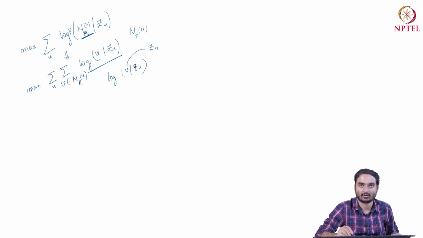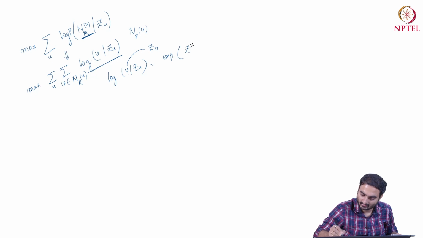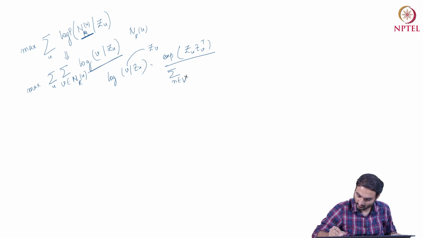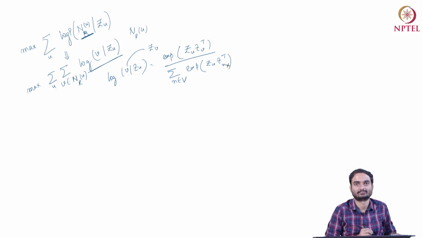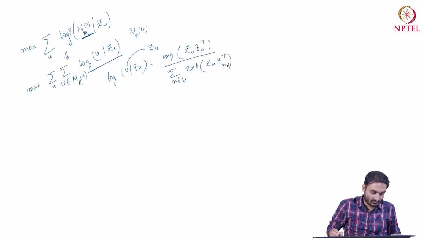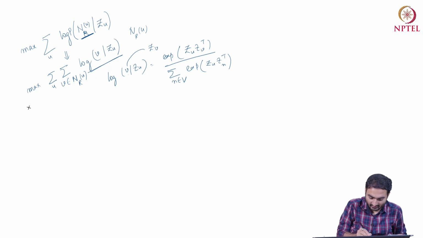What they proposed in the DeepWalk paper is that we can use a softmax kind of operation: exponential of the dot product Z_u Z_v transpose divided by the summation over all nodes of exponential of Z_u Z_n transpose.